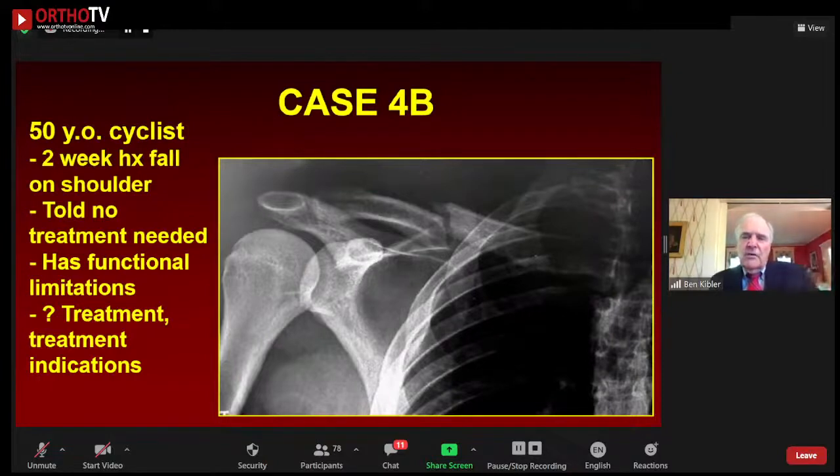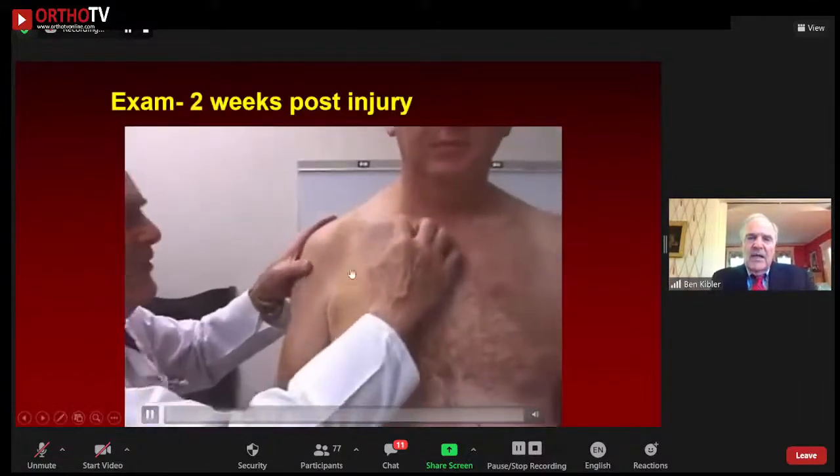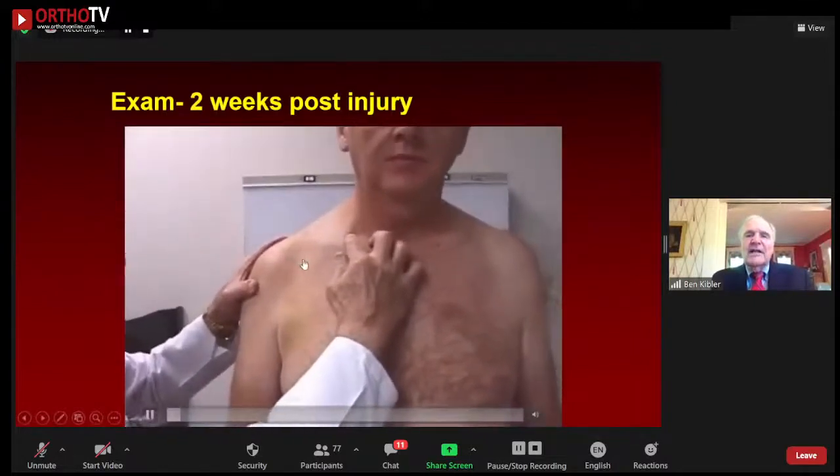He's seen another doctor who told him to put it in a sling, but he feels that this is not right. He's only 2 weeks post-injury, but he knows his shoulder's not right. This is him, and you can see that he's still got the bruising from the healing. He has really minimal symptoms at the fracture site itself.